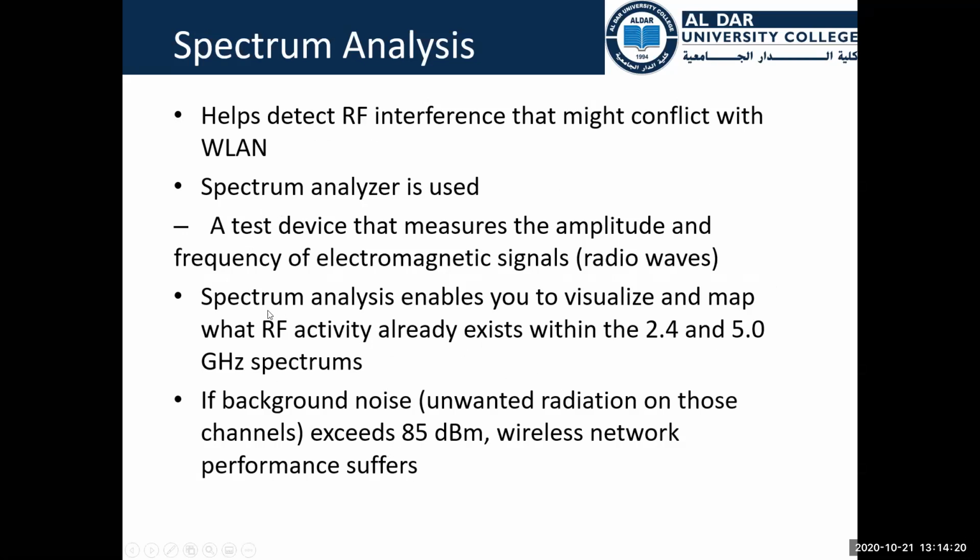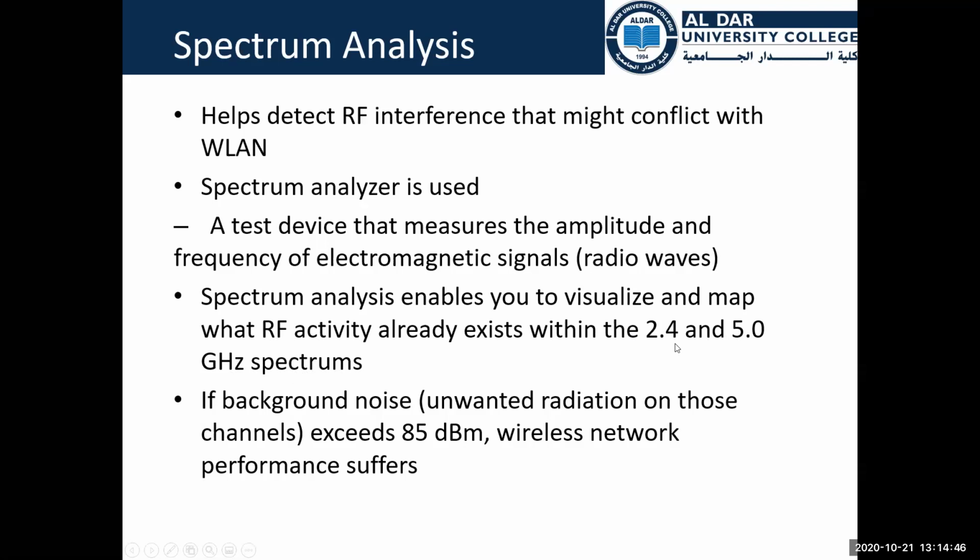Okay, so you use a spectrum analyzer to visualize and map what RF activity already exists within the 2.4 and 5 gigahertz spectrums, because we are using those two bands in our access point communication. As I told you, these are unlicensed frequencies.